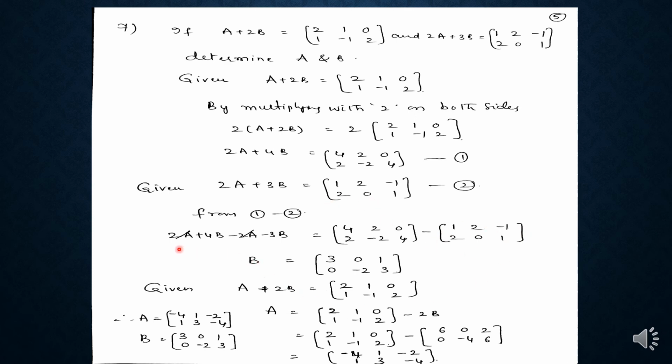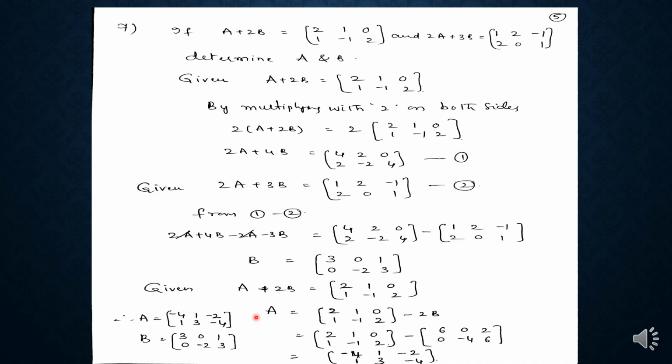So 2a minus 2a cancels, and 4b minus 3b is b. b is equal to 4 minus 1, that is 3, 2 minus 2 is 0, 0 minus of minus 1 is plus 1, 2 minus 2 is 0, minus 2 minus 0 is minus 2, 4 minus 1 is 3. So b is equal to 3 0 1 0 minus 2 3.